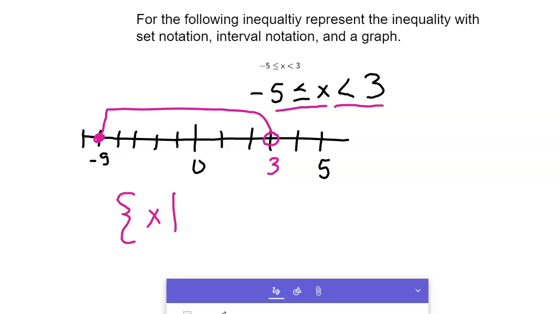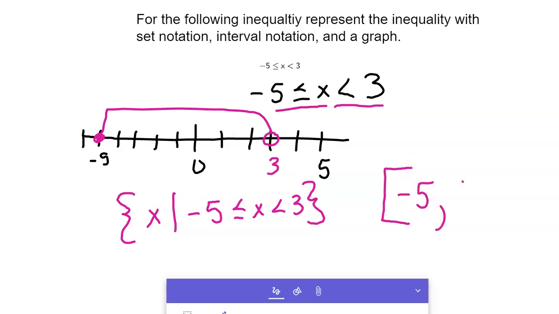It doesn't have to be an x, but that's just what I'm choosing. So it's negative 5 is less than or equal to x is less than 3. And there's your set notation. Interval notation, we include the negative 5 and we go to 3, but we don't include the 3. So that's the symbols we would use for that.